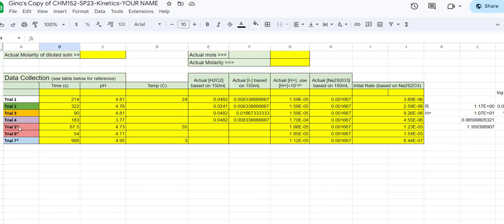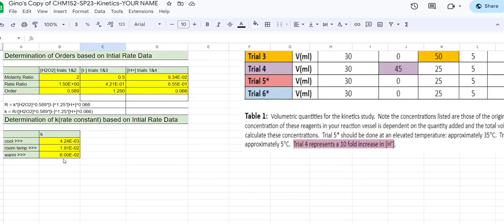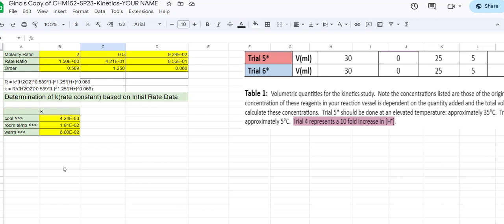So I use this trial here, and so that's line 51. 47 is trial 1 at room temperature, and then trial 7, or line 53, is the cooler temperature. These temperatures may not be exactly what were written on the board, but I'm just going by memory. Got the Ks, and now we can proceed and calculate the activation energy.